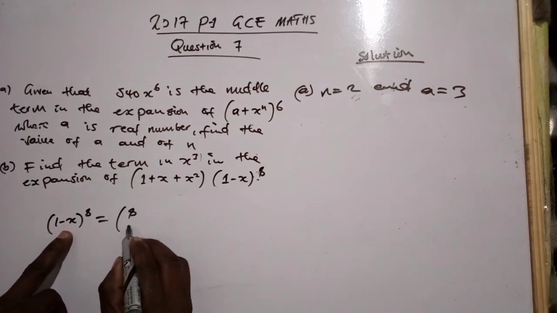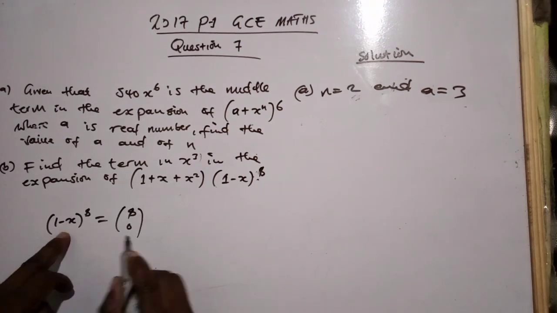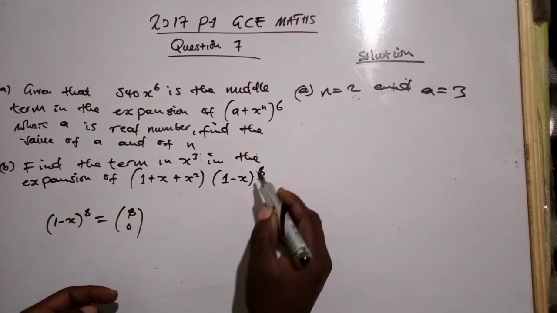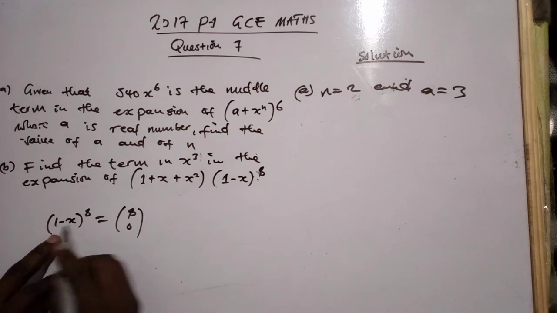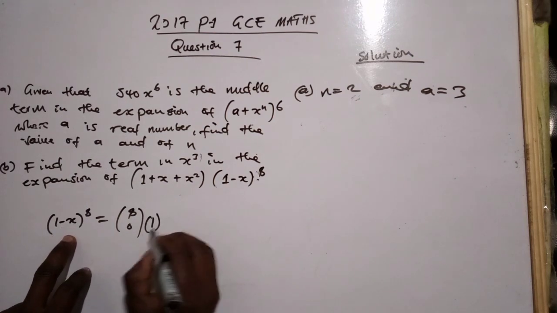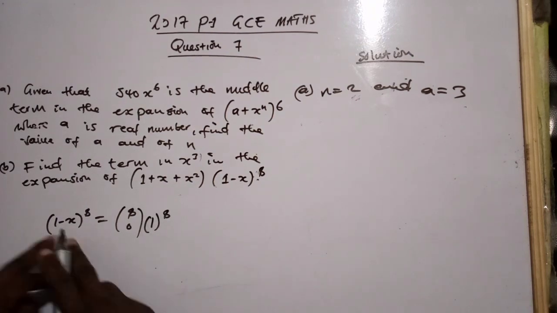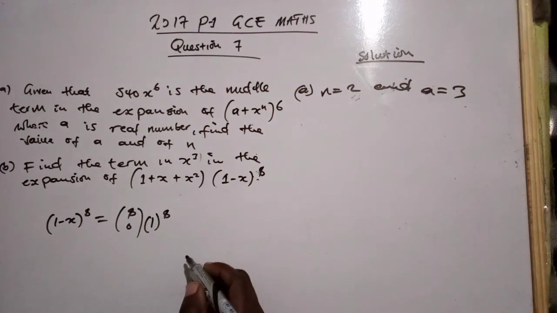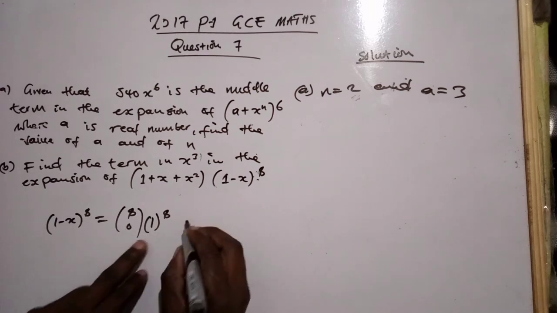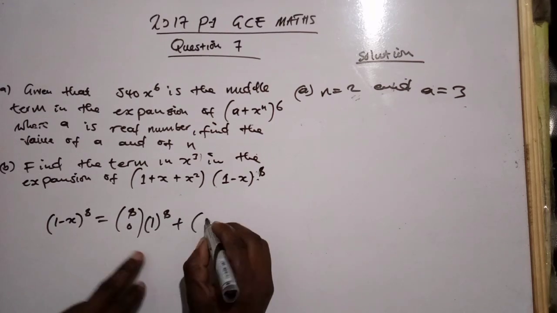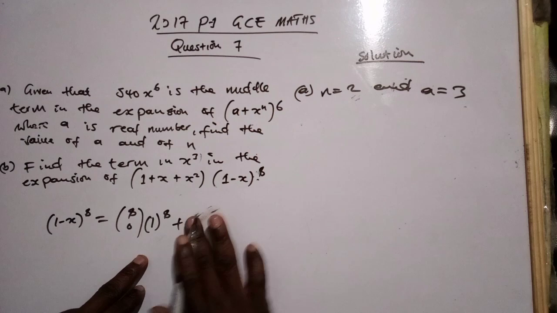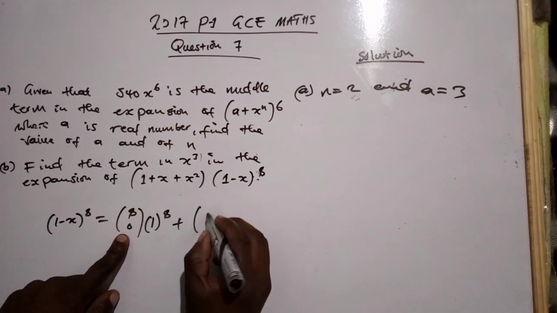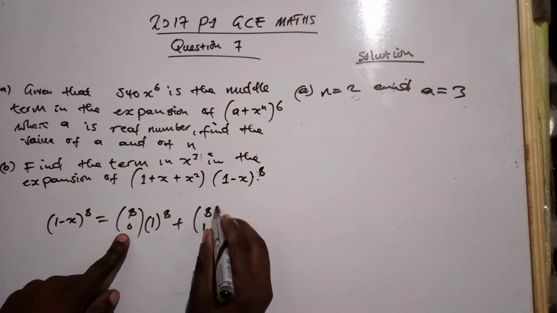when 8 takes 0, because binomial expansion starts from 0 until 8 takes 8. So we have 1 to the power 8. Here x does not appear because we have 0, right? So plus 8 takes 1 now.